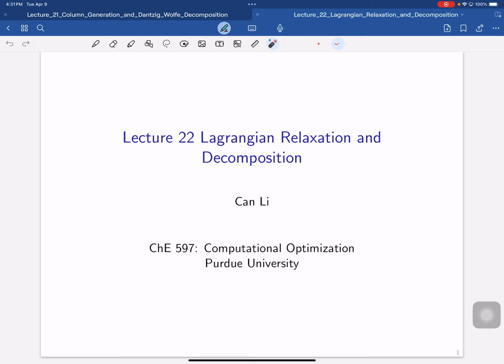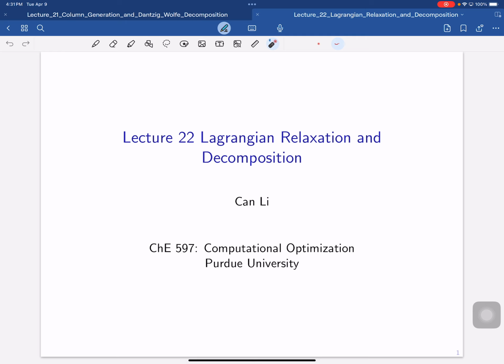Then we talked about Dantzig-Wolfe decomposition. Remember, in Dantzig-Wolfe decomposition, we have complicating constraints. We wrote out the complicating constraint as a convex combination of extreme points plus a conic combination of extreme rays. In each iteration, what we solve is a so-called pricing problem.